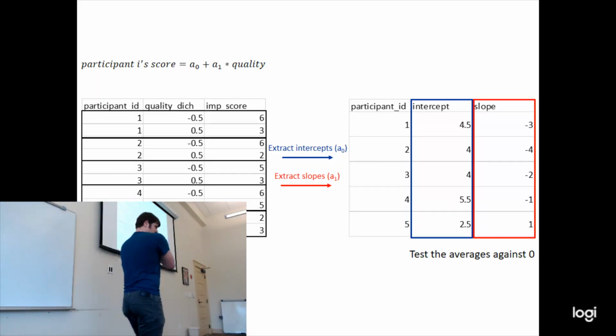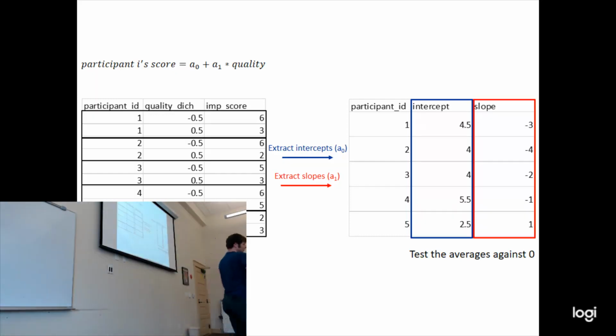For this really simple example where each person reviews two grades of quality, you can think of these little miniature regressions as fitting this model up here. For a given participant, you can predict their score using one intercept, which is an average, and a slope times quality.